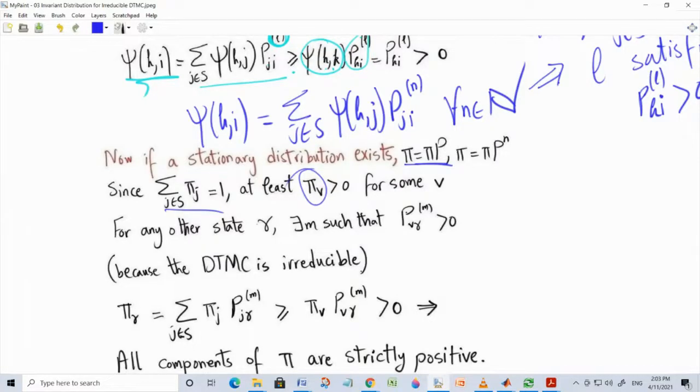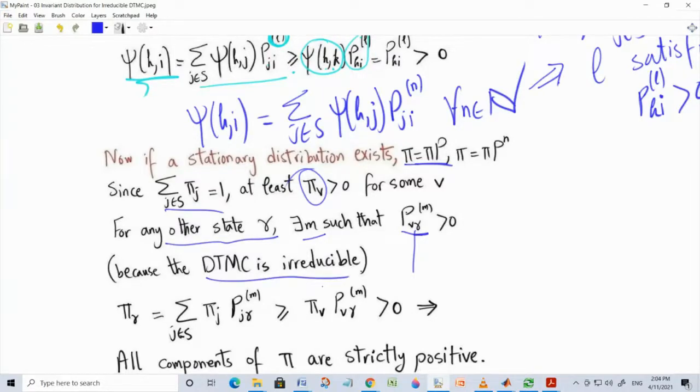Okay, now we are talking not about a general discrete time Markov chain. We are talking about a discrete time Markov chain that is irreducible. So for any other state gamma, there exists an m such that b_v gamma of m is greater than 0. So starting in v, after m steps, there is a strictly positive probability that you will be in state gamma. Again, this is not a mystery.